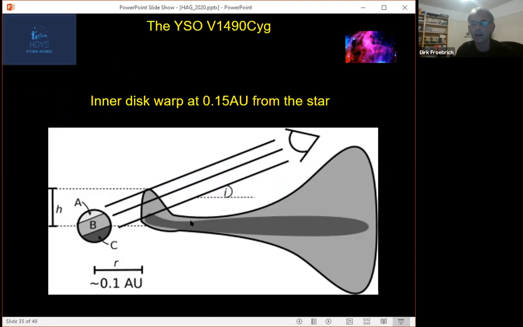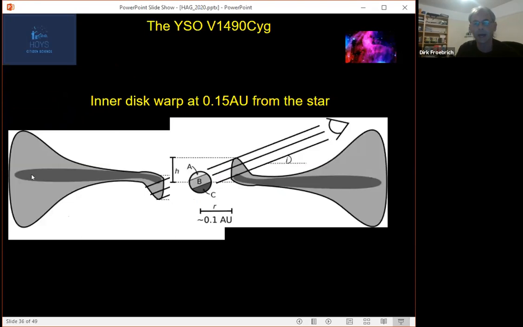You have your star, and the inner disk is warped up in this direction. That can happen if the star has, for some reason, a rotation axis that is not the same as the disk. Those things exist. And then the magnetic field pulls this part of the accretion disk up, and the one on the other side pulls it down. So it will look a little bit like that.